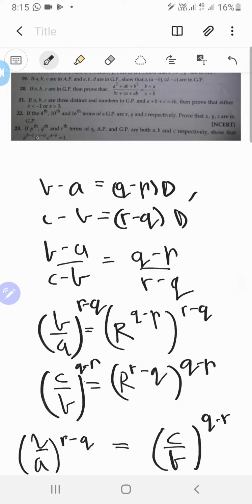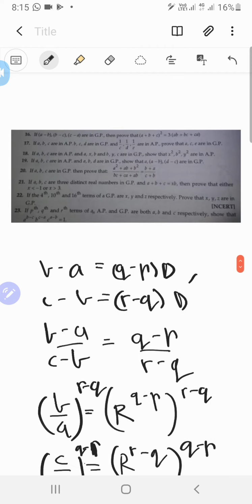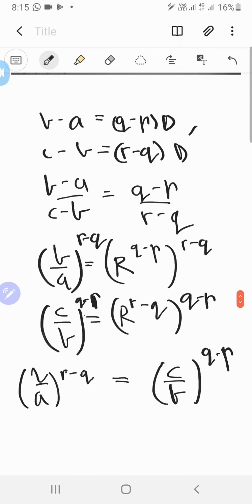You can see here there are no r's and q's and p's anywhere, so that's nice. Sorry, this is q minus p, so c upon b to the q minus p. So there are no p, q, r in this equation, and we have to eliminate those p, q and r.